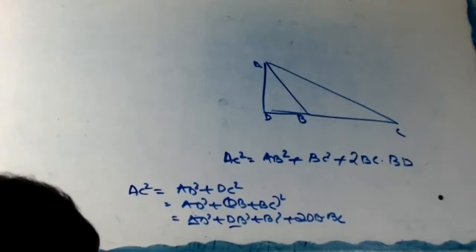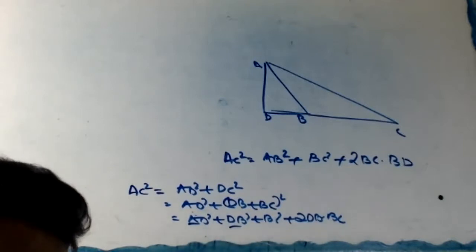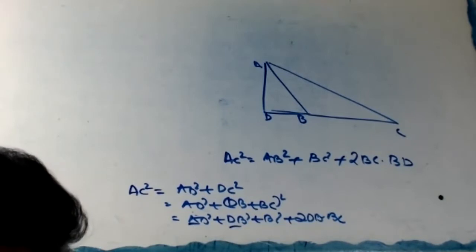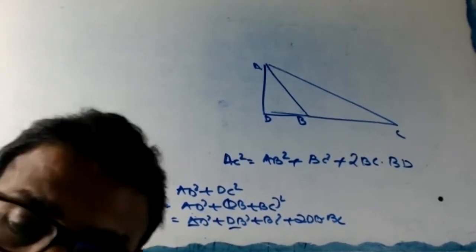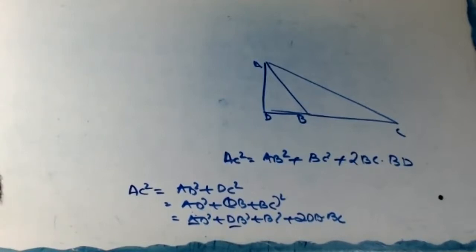Okay, so next question. In triangle ABC, in which angle ABC less than 90.